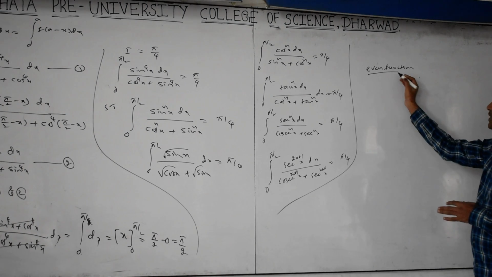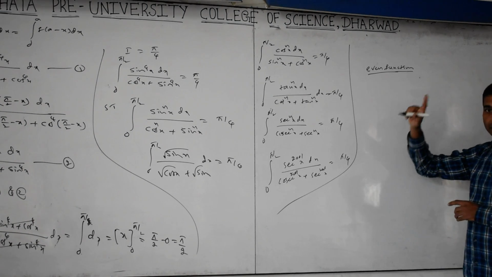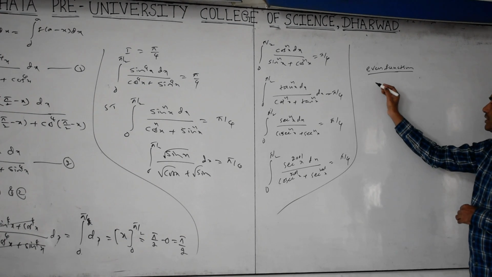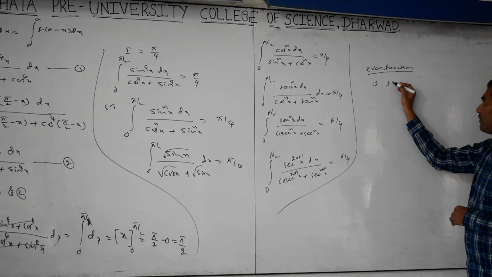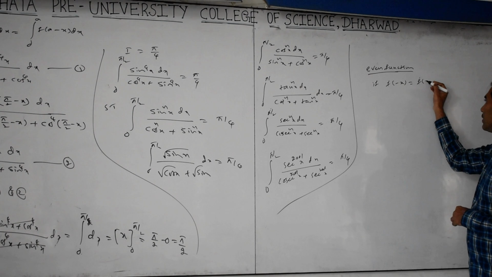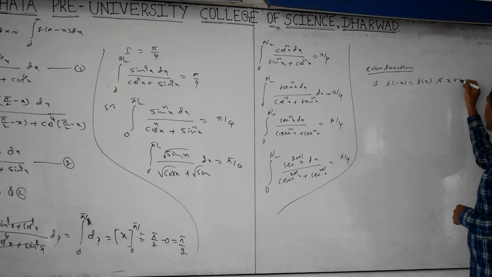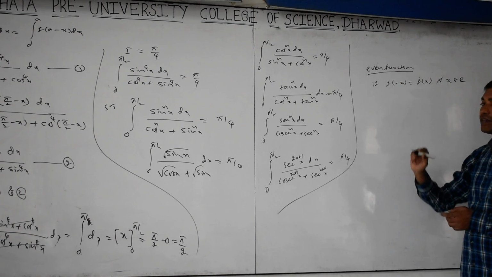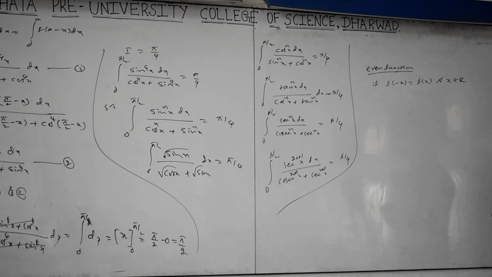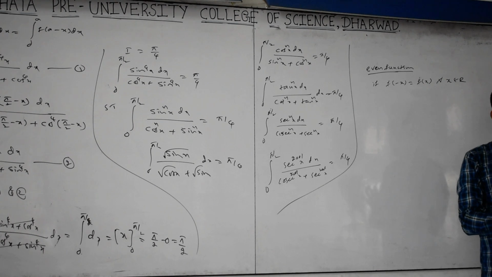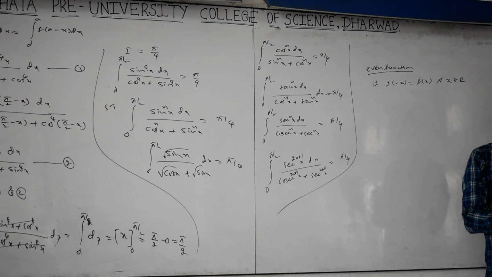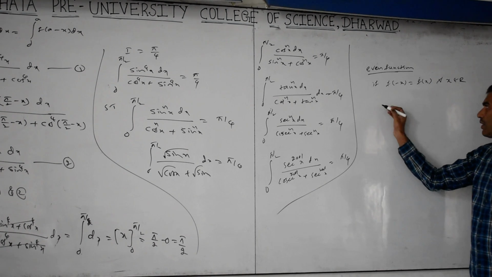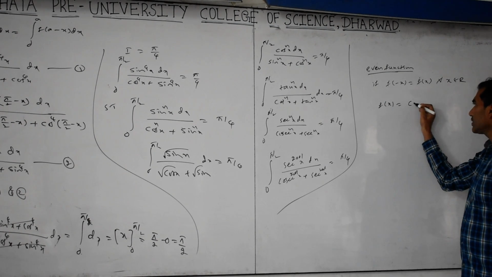Now, even function means f of x is said to be an even function if f of minus x equals f of x for all x belongs to R. Even number is different, even function is different. For example, f of x equals cos x.